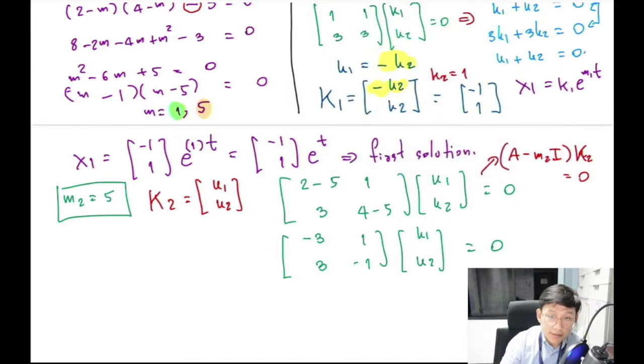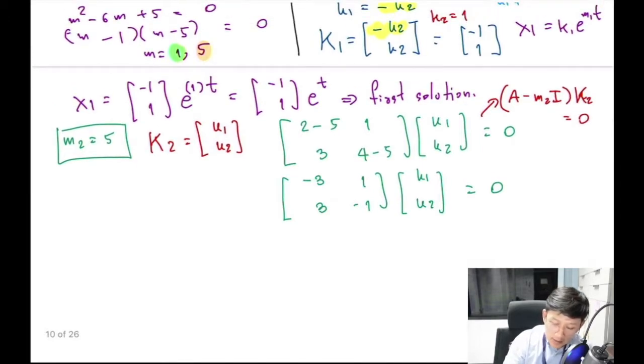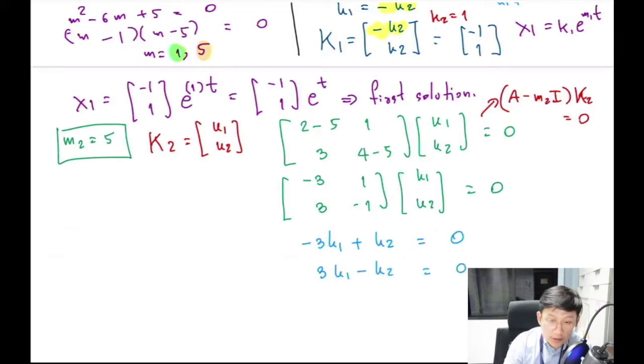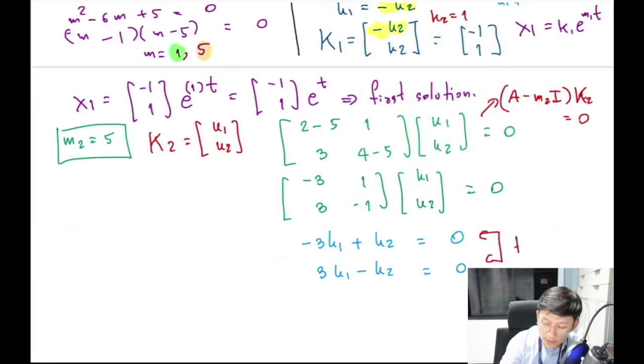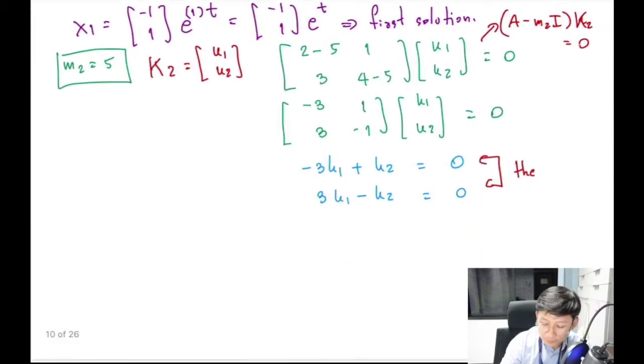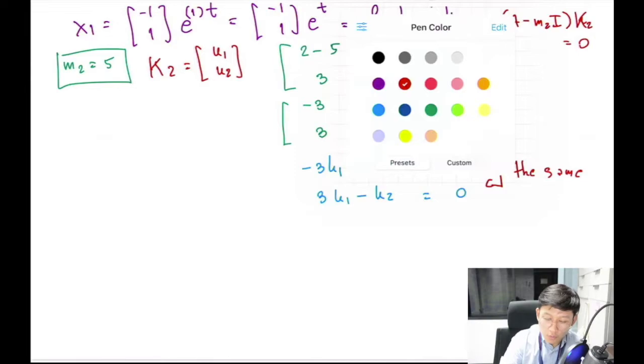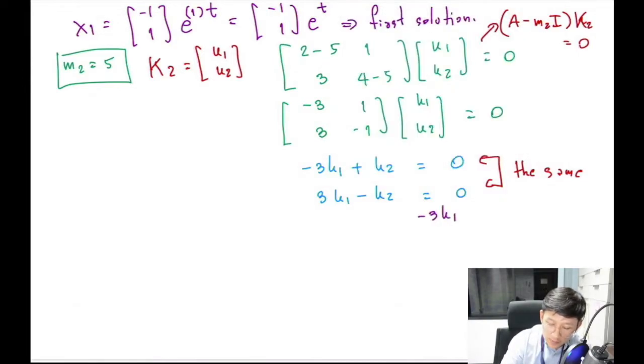And this means that minus 3k1 plus k2 is 0, and 3k1 minus k2 is 0. You can see that these two equations are the same. Why? Because if you multiply the second equation by minus 1, you get minus 3k1 plus k2 equals 0, which is the same as the first equation.